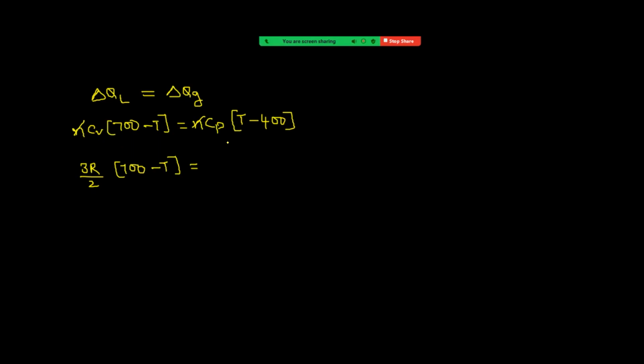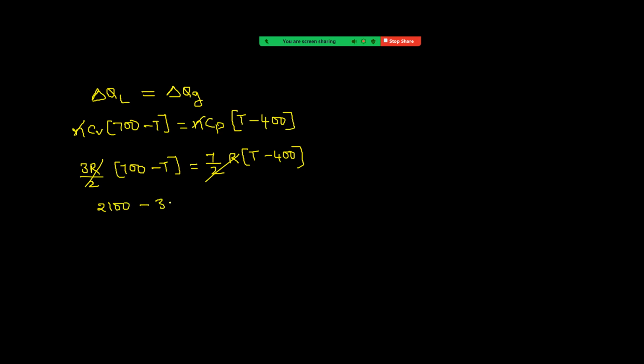The upper one is diatomic. For diatomic, Cp value is 7 by 2 R into T minus 400. So R by 2 gets cancelled.